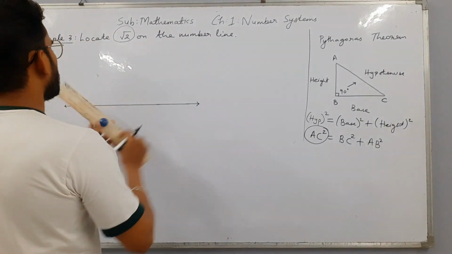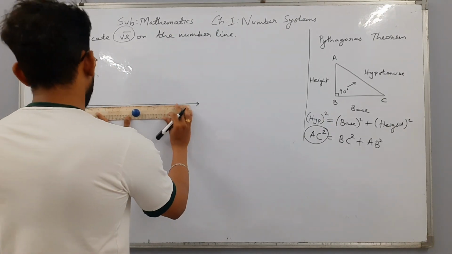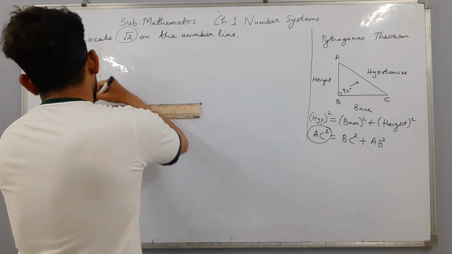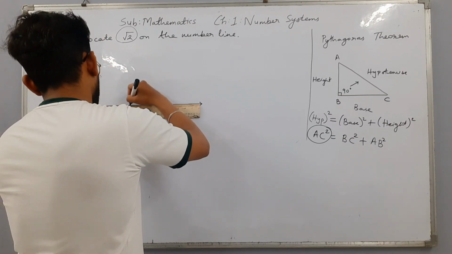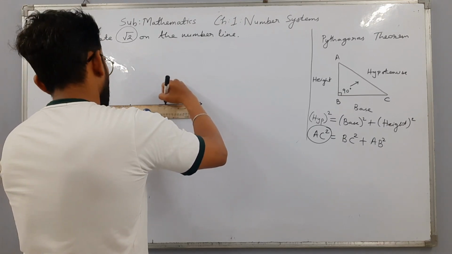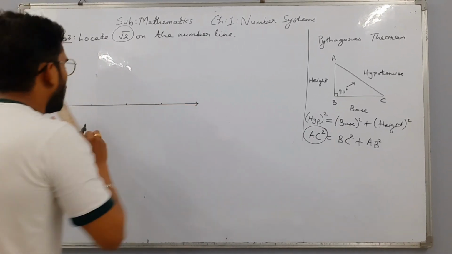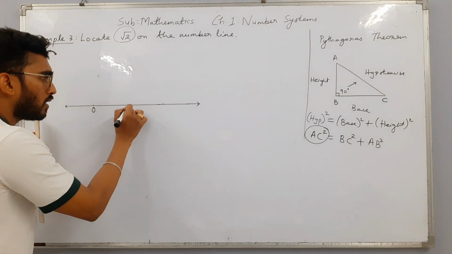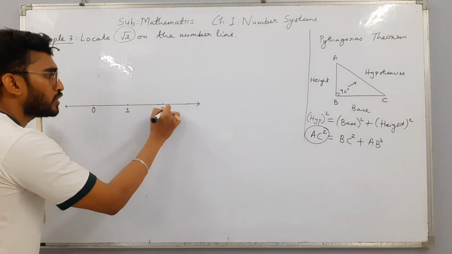So here I will mark the points. I will write, this is my origin, on the right side 1, this is 2.